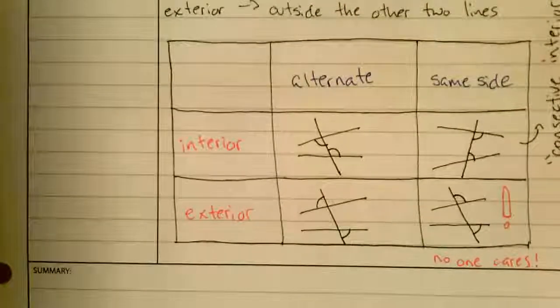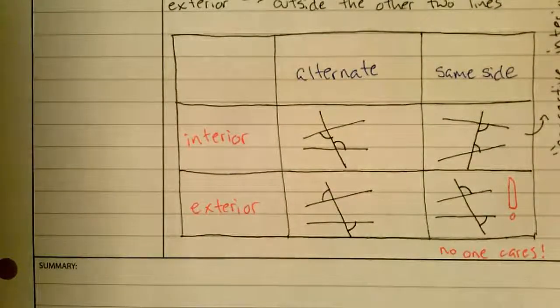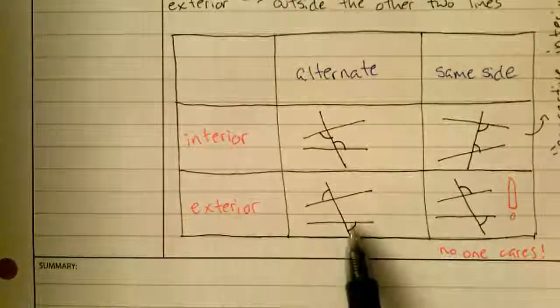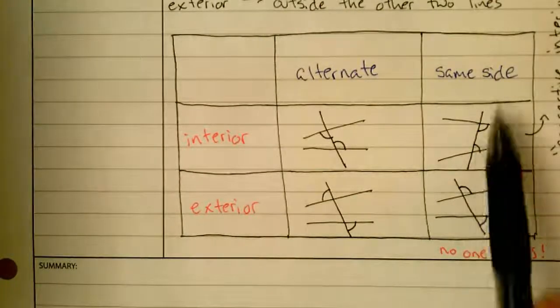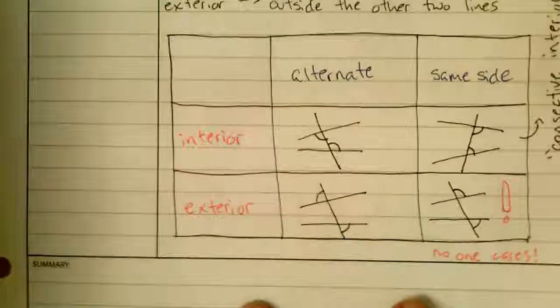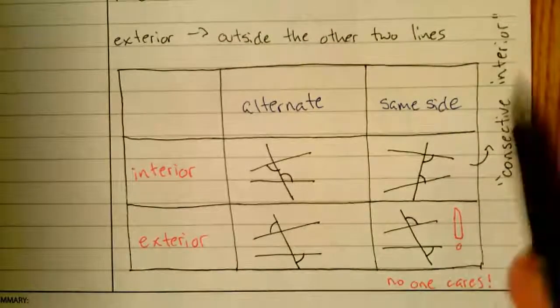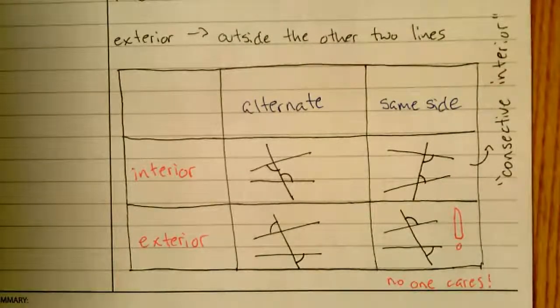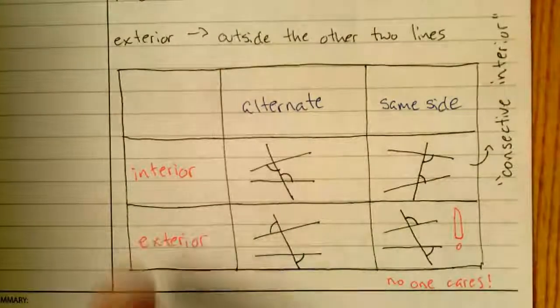And so we have alternate interior, like that. We have alternate exterior, like that. Same side interior. And same side exterior, although nobody really cares about that. Over here, we have consecutive interior angles, which is another name for same side interior.